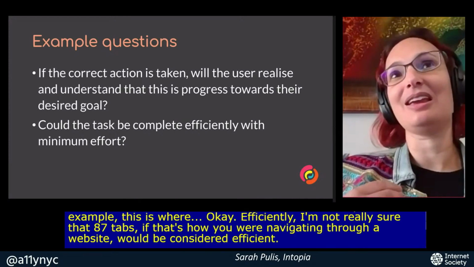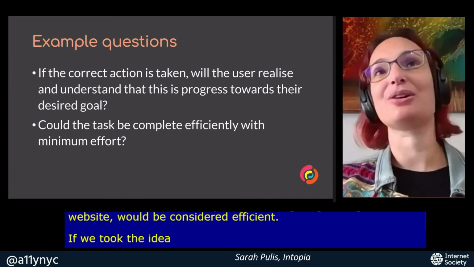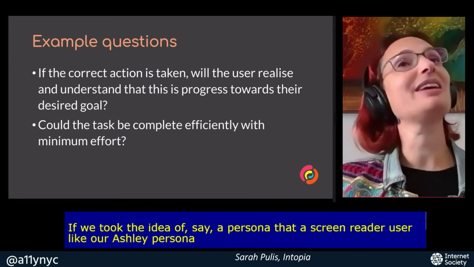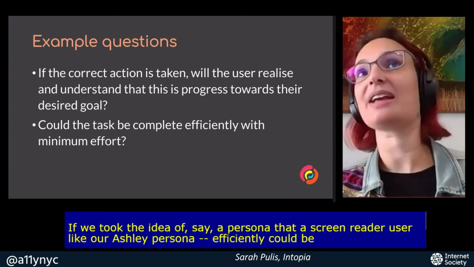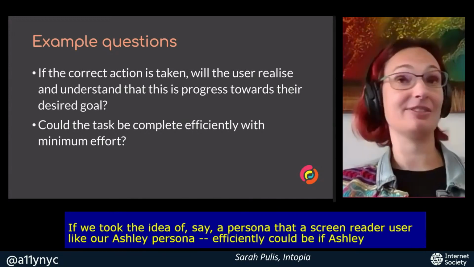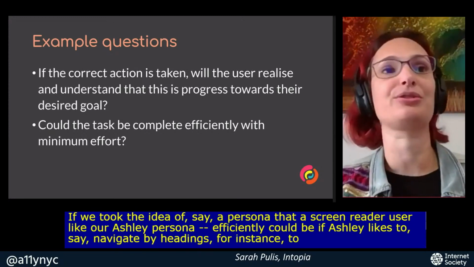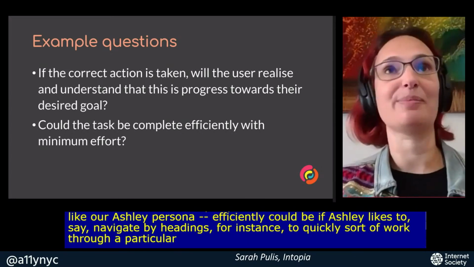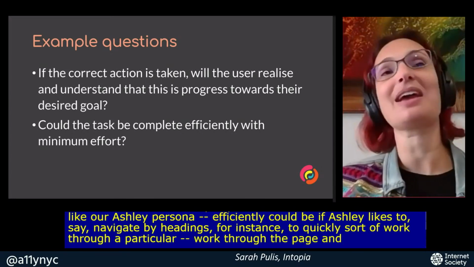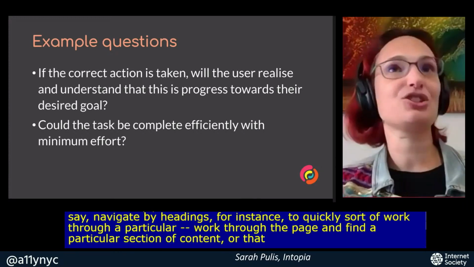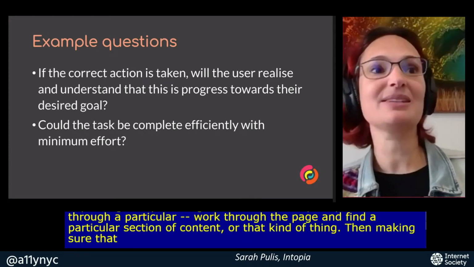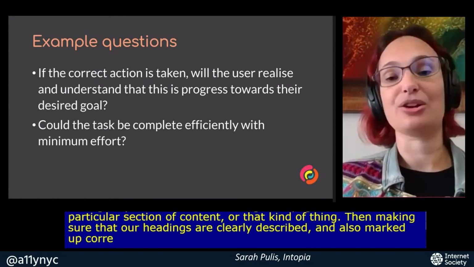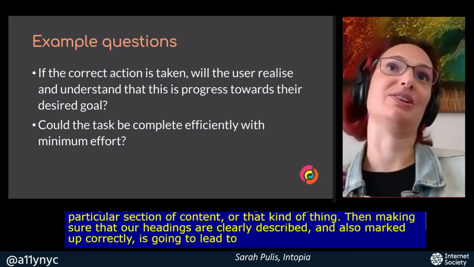If we took a persona that's a screen reader user, like our Ashley persona, efficiently could be, if Ashley likes to navigate by headings, for instance, to quickly work through the page and find a particular section of content, then making sure that our headings are clearly described and also marked up correctly is going to lead to a more efficient experience for Ashley.